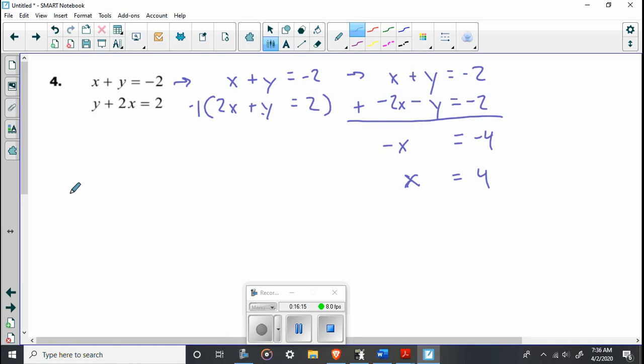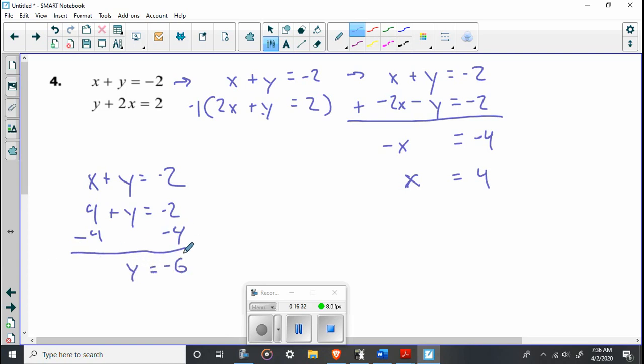It's much easier to use. So what I have is x plus y is equal to negative 2. Let's plug in 4. Let's go ahead and subtract 4 from both sides. We'll find out that y is equal to negative 6. So we have our hypothesis that our answer is 4, negative 6.